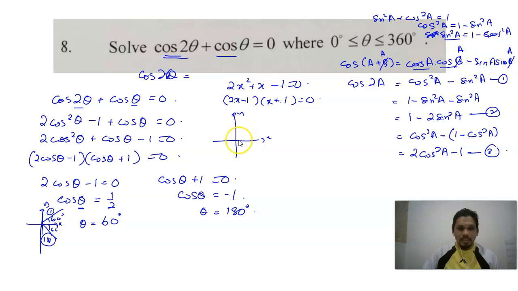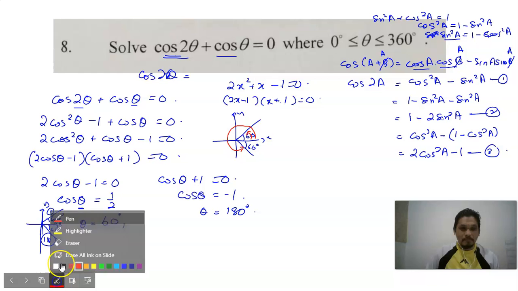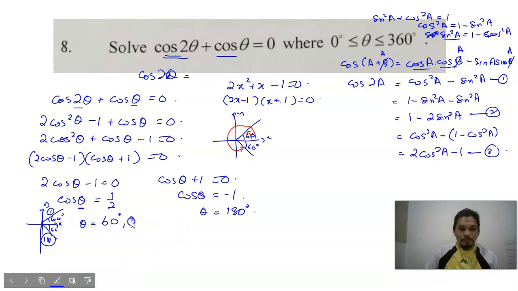The basic angle is 60 degrees, and cos is positive in the first and the fourth quadrant. So the first is 60 degrees, and the second is 360 degrees minus 60 degrees, so you get 60 and also 300 degrees.